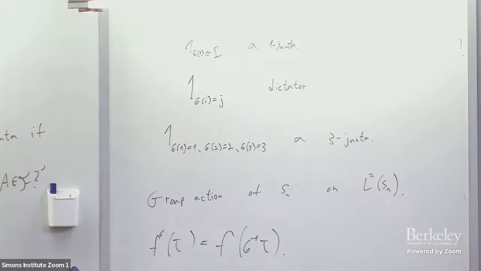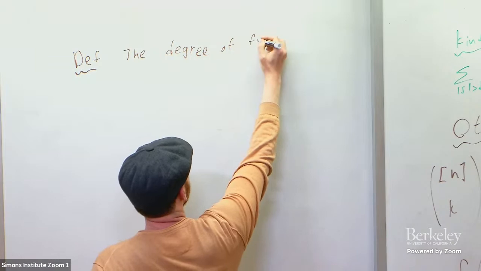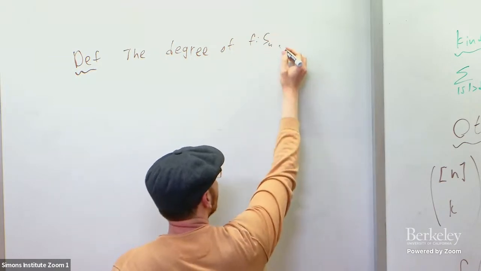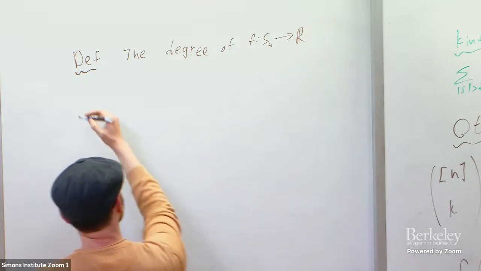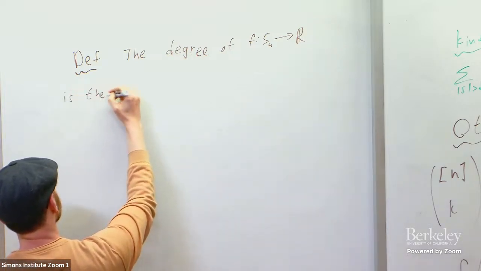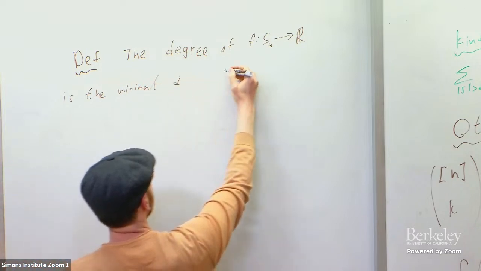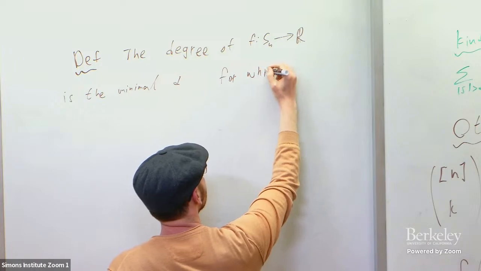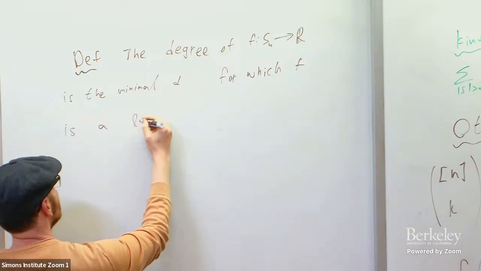So we can say the degree of a function from Sn is the minimal D for which F is a linear combination of D juntas.